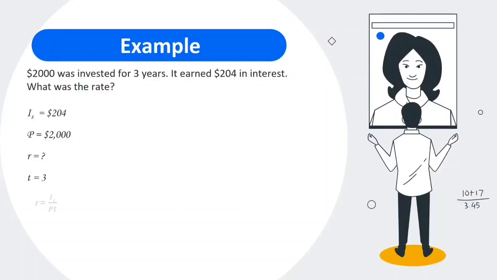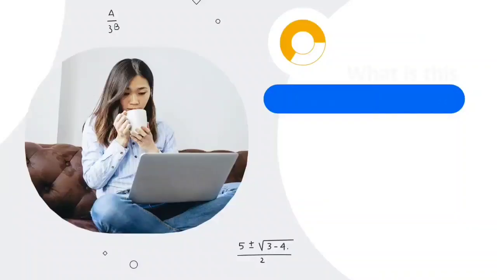So using the formula for R, which is IS divided by PT, substituting the amounts, we have 204 divided by 2,000 times 3, that is equal to 0.034. We need to convert it to percent, so that's times 100, which is 3.4%.